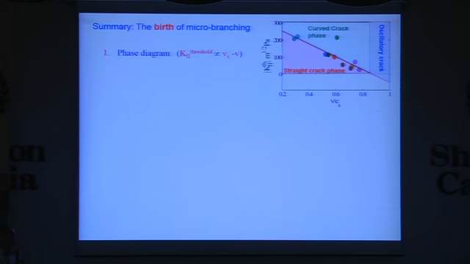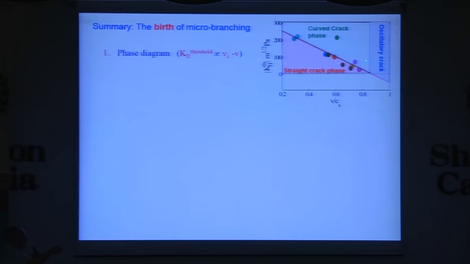So, to summarize the first part of this talk, this is only the first part. You have to stay awake for the second part. What we've seen is we've discovered a phase diagram here that differentiates between a straight and boring crack and a curved crack phase, which corresponds to the microbranching phase that we talked about, the microbranching instability.